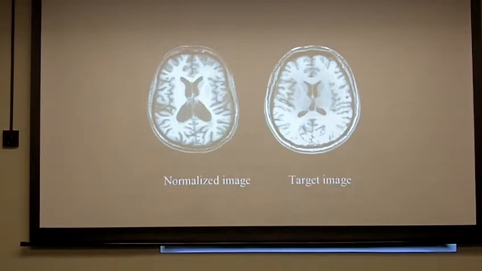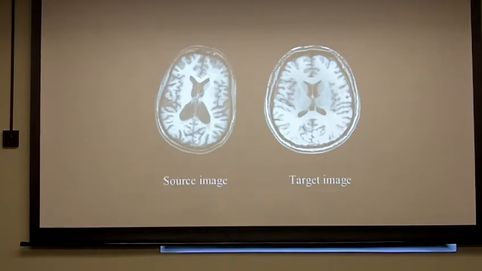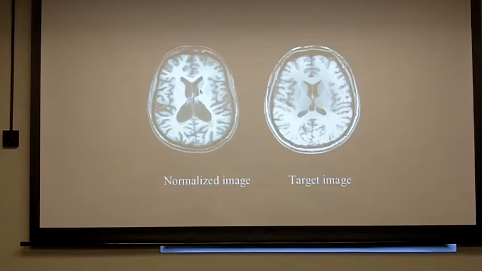So what we need is some nonlinear component which simultaneously enlarges some structures. For example, the patient has a much thinner corpus callosum right here, and I have a thicker corpus callosum, and so the patient's corpus callosum should be enlarged, while the patient's ventricle should be shrunken.